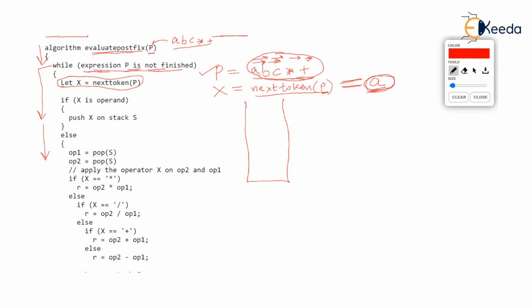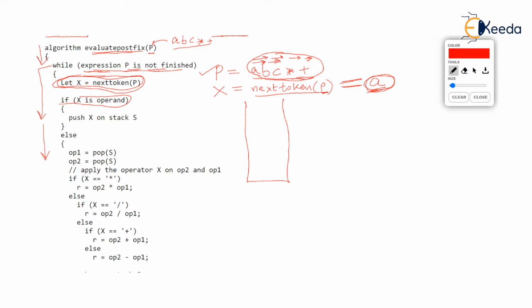Infix expression may contain brackets. Postfix expression does not contain brackets. But postfix contains only two things, either an operand or an operator. So after taking out a token, x equal to next token of P, x can be either an operand or an operator. So we will simply check if x is an operand.